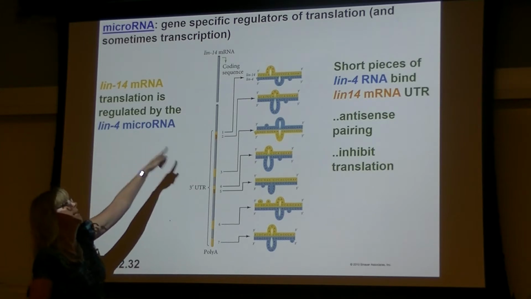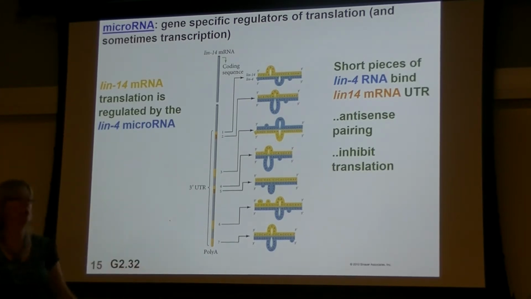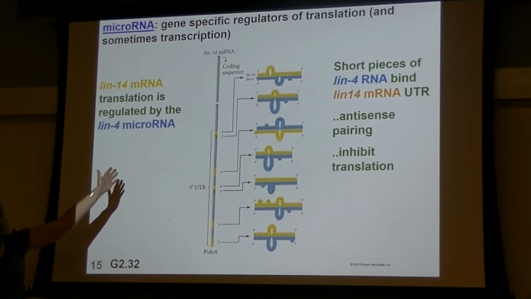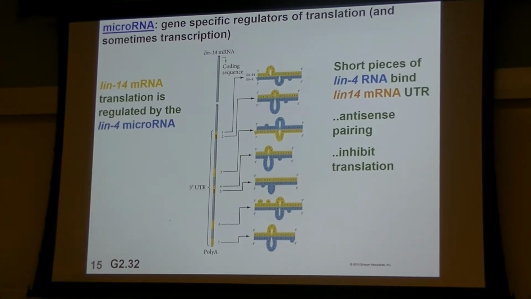So there is a Lin14 mRNA that's encoded within the genome, and it has several different exons and introns. And then there's also a Lin4, a totally separate gene, and that thing makes a microRNA.